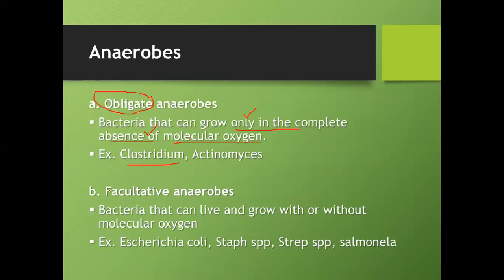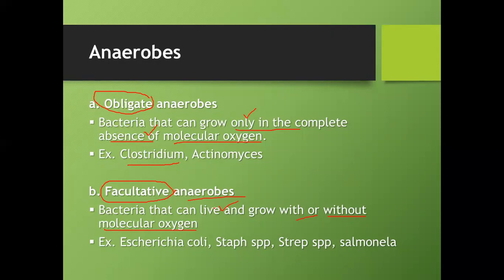Then we have facultative anaerobes. These are also anaerobes, but facultative means that they can live and grow with or without molecular oxygen. Pay attention that what we are focusing on is molecular oxygen, not just oxygen, because it needs some sort of enzyme to actually break down this oxygen.